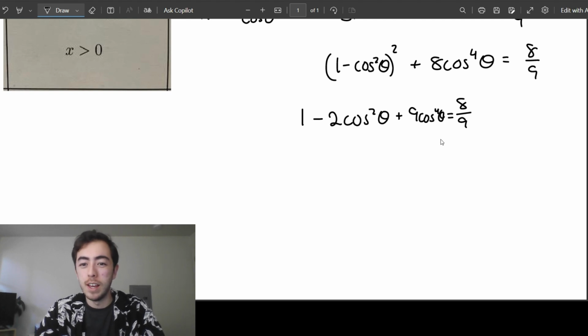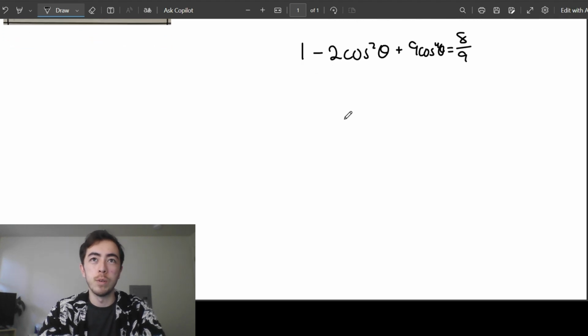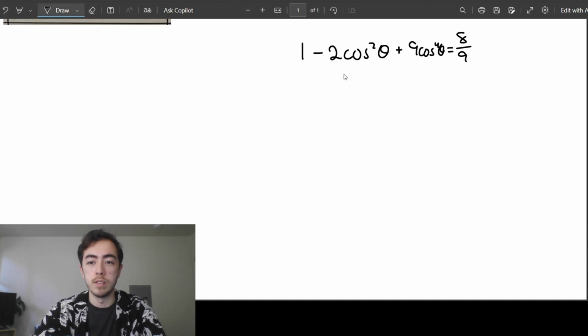Okay. And this is kind of looking similar to solving a degree 4 polynomial, the way that you would solve a quadratic. I'm going to subtract the 8/9 from both sides, and then rearrange the terms so I have what looks more like a polynomial in standard form.